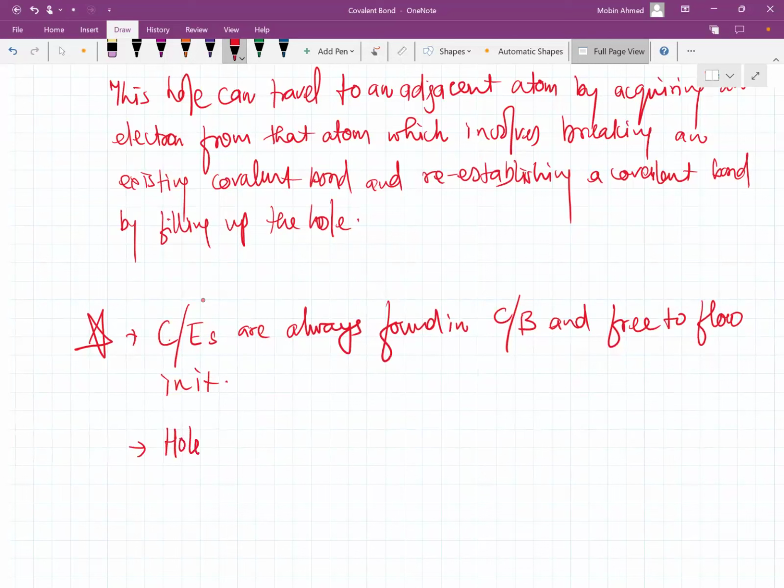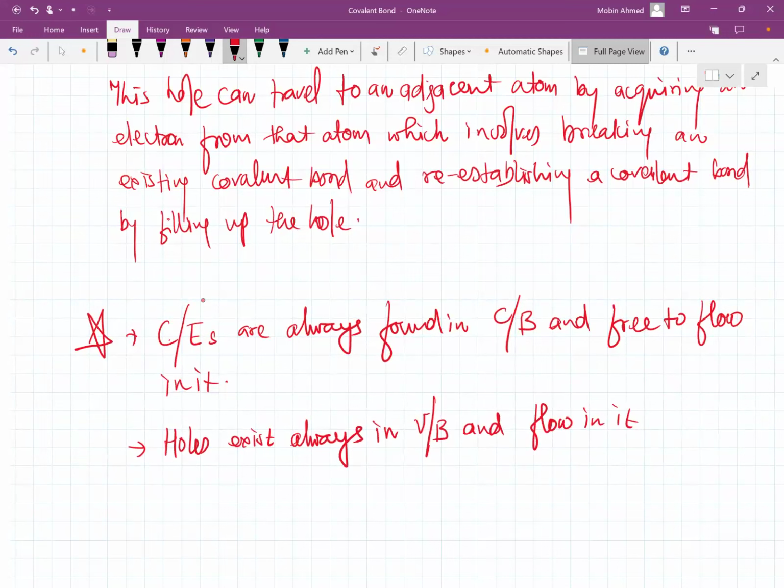Second, holes exist always in the valence band and flow in it. How is the hole flowing?